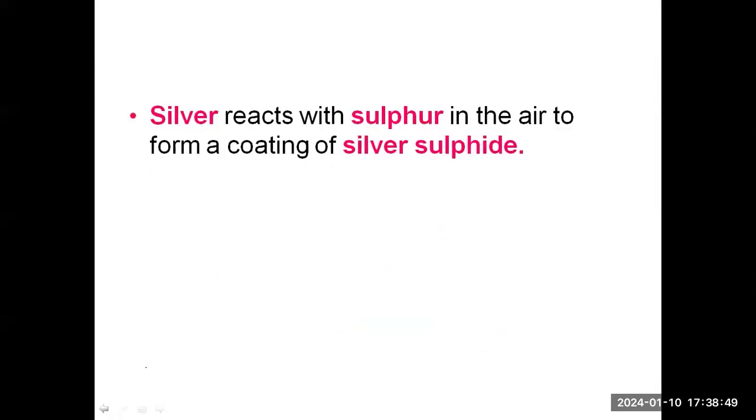Silver reacts with hydrogen sulfide to give silver sulfide, and hydrogen is freed here. This silver sulfide is responsible for the corrosion of silver, which makes it go black.